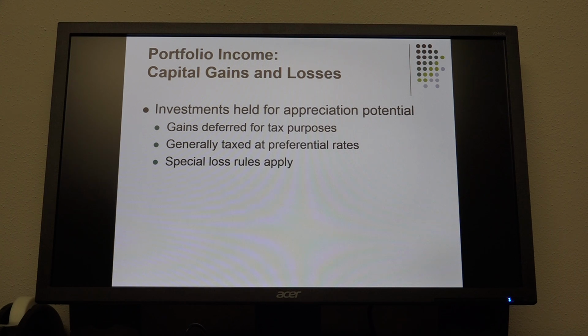You can offset ordinary income by $3,000 of your net capital loss. Well, what happens to the rest of it if there's an excess of net capital loss? Well, you get to carry it forward. So we'll talk about that as well in the future.